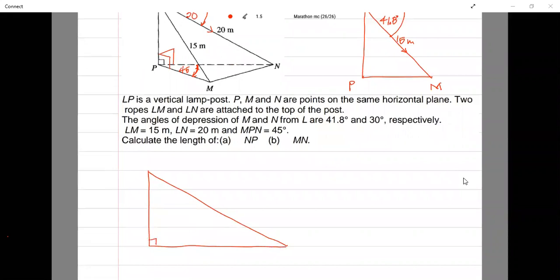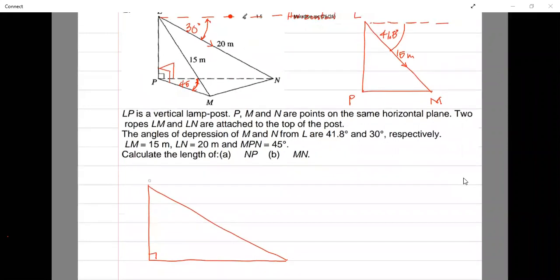This is LP. This is 20 meters. This is N. Remember, we're calculating NP. Let's call it X.